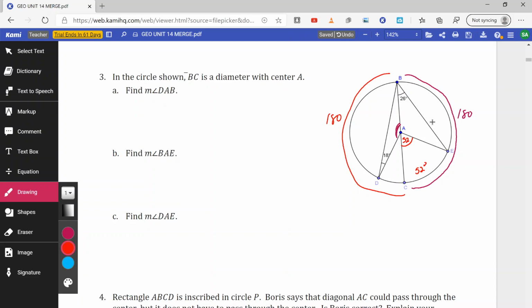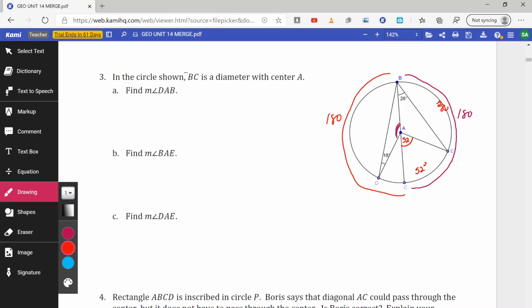So there's that part as well. So if arc CE is 52, to figure out arc BE, I subtract 52 from 180. So 180 minus 52 means this one is 128 degrees.